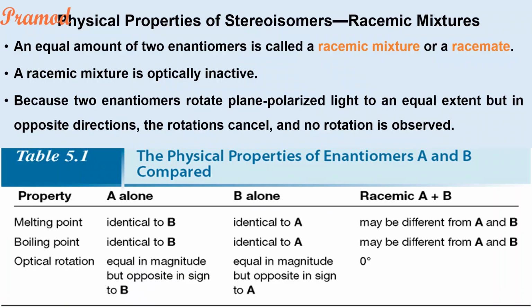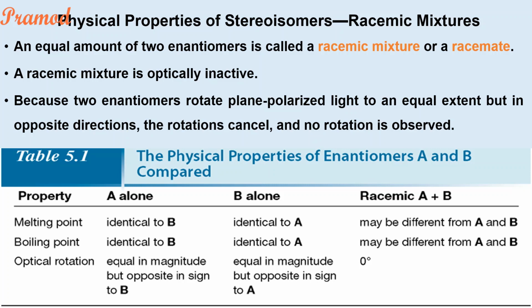Now, continuation of the physical properties of stereoisomers: the racemic mixture. So what is a racemic mixture? An equal amount of two enantiomers is called a racemic mixture.